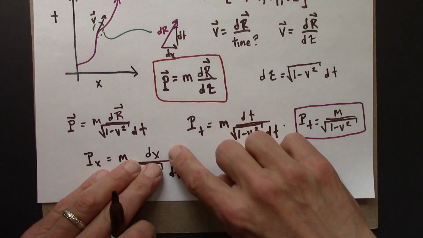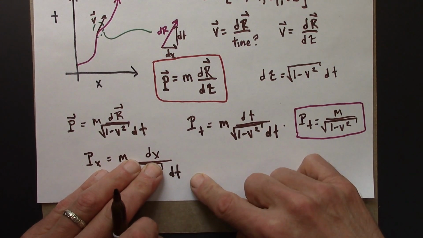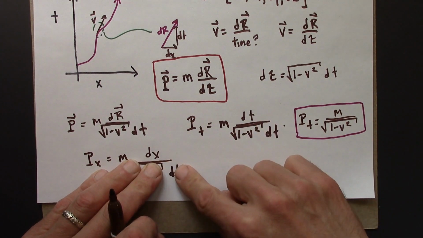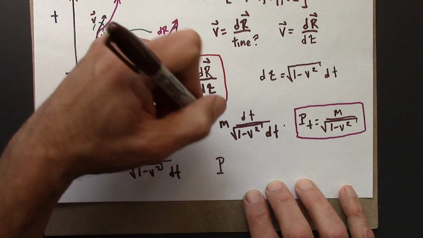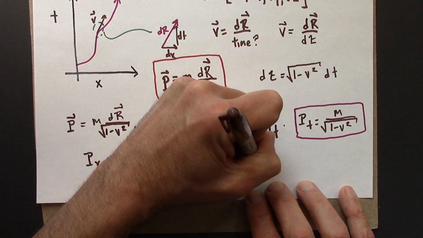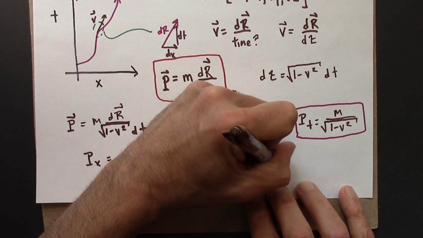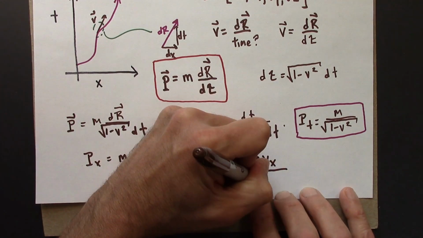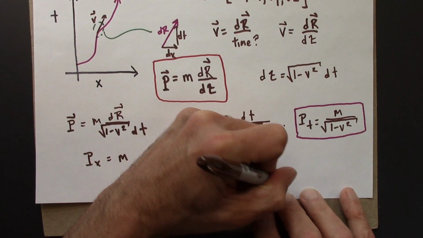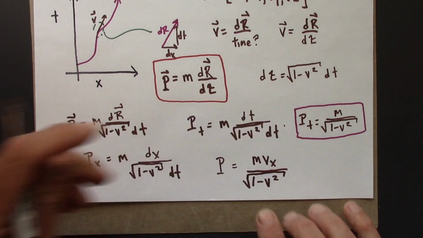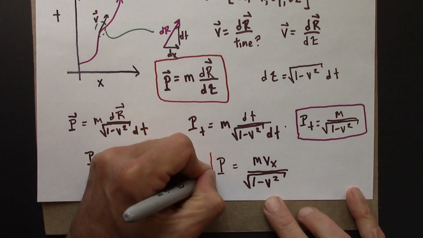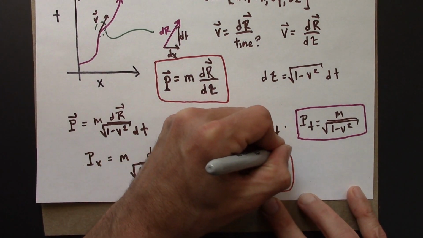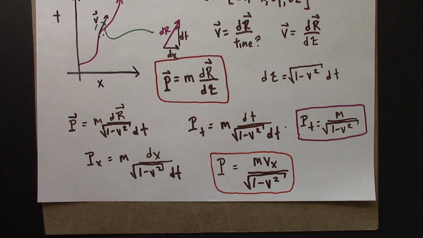All right, so I've got a dx dt. That's the x velocity. That's how fast it's moving in the x direction. So this simplifies a little bit to this: m times the x velocity divided by this square root thing. I will also put that in a box, and maybe in keeping with the rainbow theme, we'll use yet a different color.